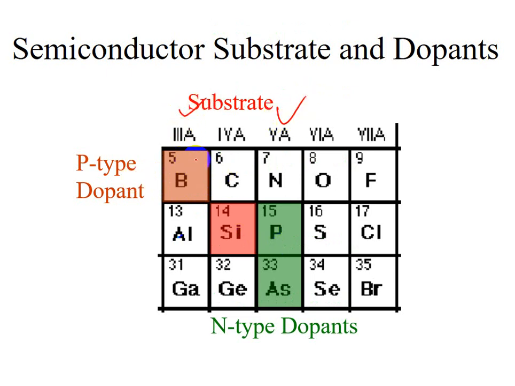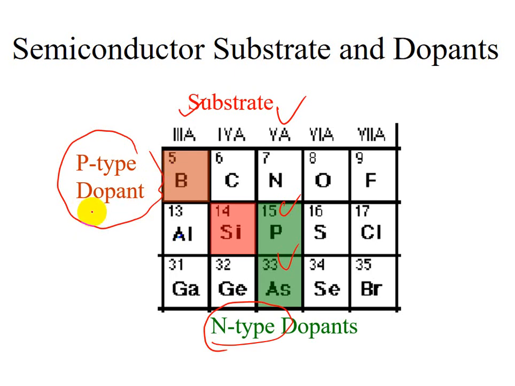Group 3 materials have one electron less than the group 4 elements in the outermost electron shell, and we call that a p-type dopant. For group 5 materials, phosphorus, arsenic, we call them n-type dopants.